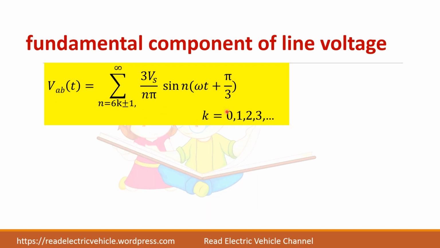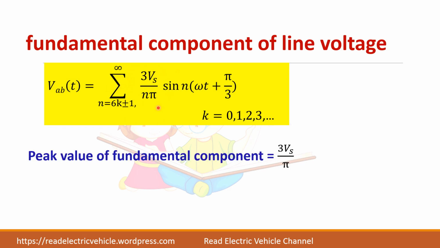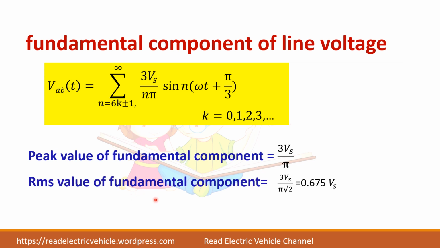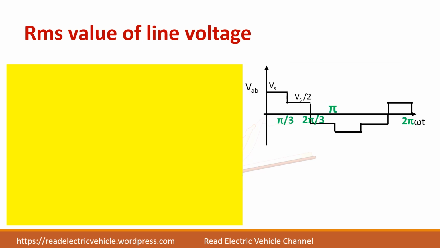Now we will find the fundamental component. So fundamental component is 3Vs by pi, where n equal to 1, and RMS value is equal to this value divided by root 2. So let us find the RMS value of the line voltage. You have to take for this interval 0 to pi.